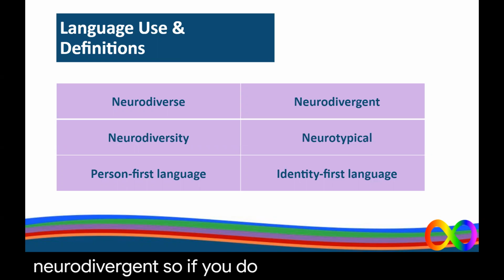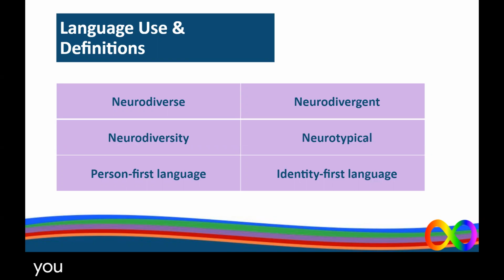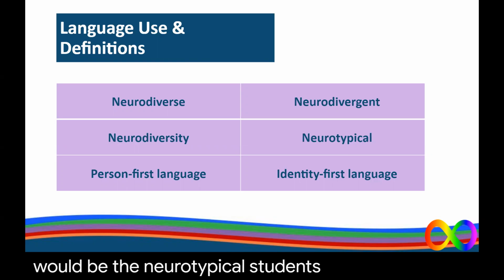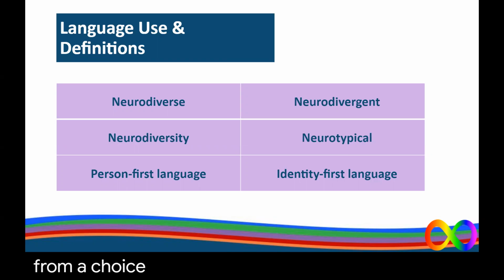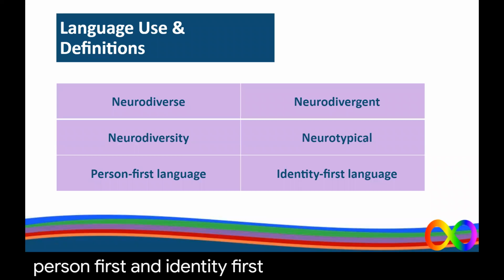So if you do not have any kind of disability diagnoses, you don't have a self-diagnosis, you probably identify as neurotypical. An example would be, the neurotypical students may also benefit from a choice of assignments. And of course, we've already talked through the terms of the third row, person first and identity first language.